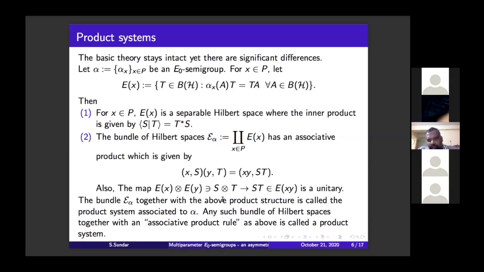If you have any bundle of Hilbert spaces as above, so for every x you have a Hilbert space, and you have an associative multiplication rule such that the operation at the level of tensor product is a unitary, then such a thing is called a product system. So for every E0 semigroup, there is a product system. Any bundle of Hilbert spaces which has such a multiplicative rule is called a product system.